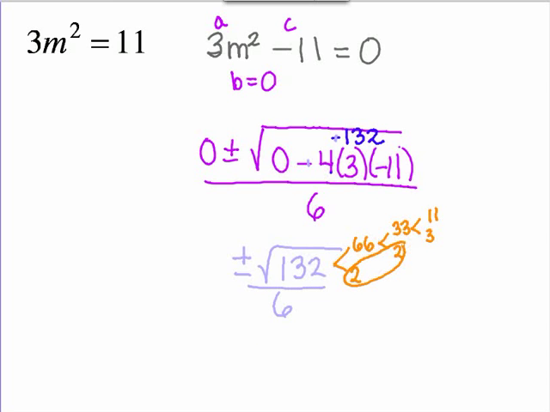So I end up having plus or minus 2 square root of 33 all over 6. What can you do now? Yep, divide by 2. So I end up having plus or minus the square root of 33 over what? 3. You cannot cancel a 3 out between those two because the 33 is in the square root.